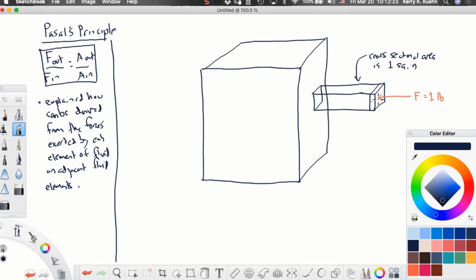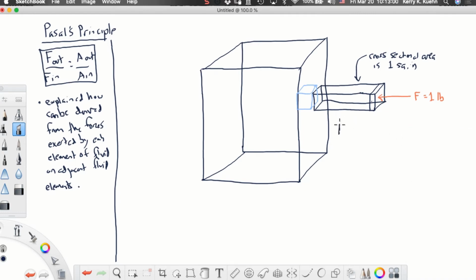So when we apply this force of 1 pound to this fluid in this chamber, using this piston, each little piece of fluid in this chamber feels a force of 1 pound on each side. So let me draw a little piece of fluid. I'm going to draw a 1 cubic inch piece of fluid that's right at the end of this.